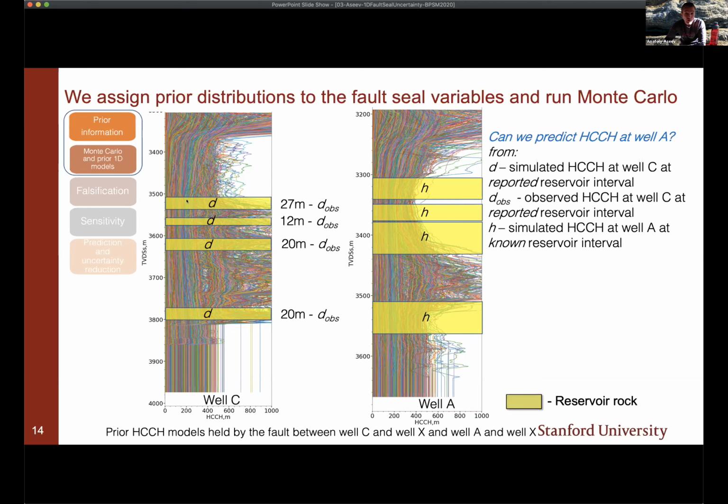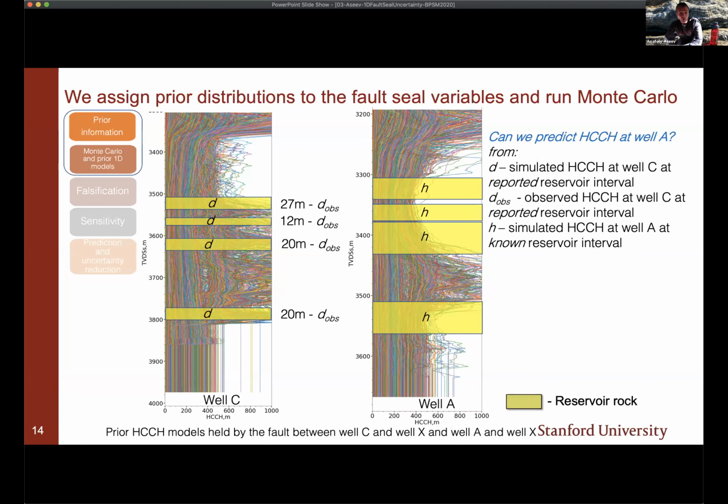Here in yellow rectangles are reservoir intervals observed in well C. That means that we have observations here of 27 meters, 12 meters, 20 meters, and 20 meters. And on well A, this is the reservoir where we want to predict column height. Again, we're going to use all 5,000 simulations only in reservoir zones, so we're going to omit all of the simulations above, below, and between.